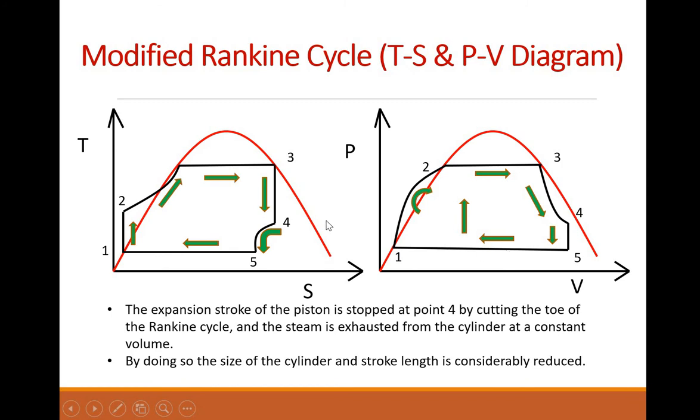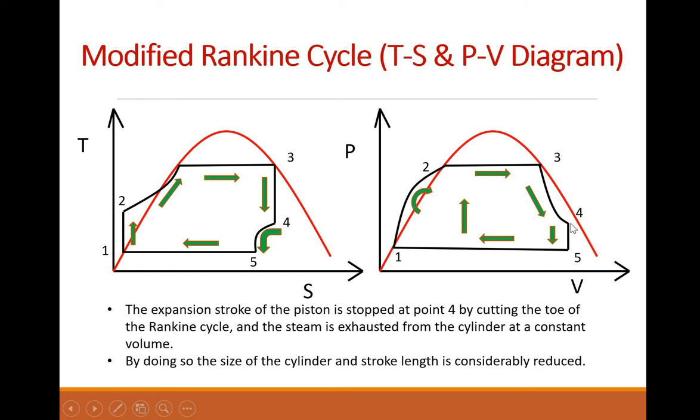A small modification is made that forms your modified Rankine cycle. In the modified Rankine cycle, the rest of the process remains the same. 1 to 2, you're moving from the pump to the boiler, raising its temperature to the boiling point and then to the evaporation point. But here we are not allowing the steam from the turbine to expand to its full limit.